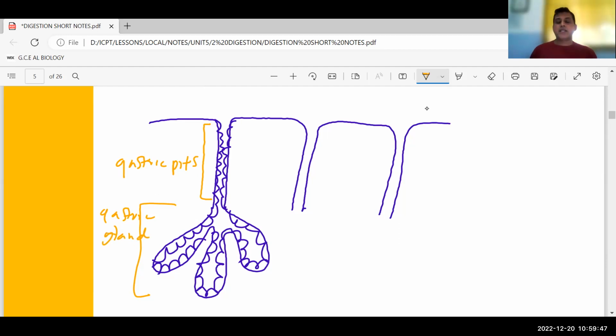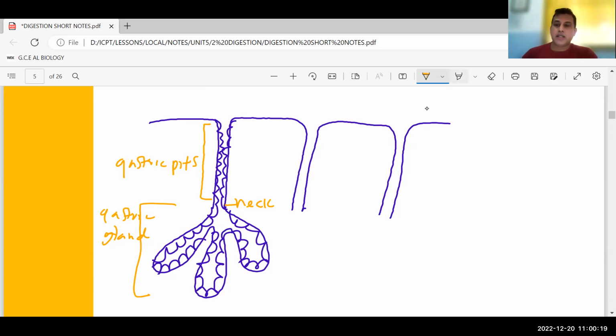Gastric pits and gastric glands, and sometimes the connection is called the neck. There are different names used, isthmus and neck, but it's not that important. So this can increase the surface area, right? If it makes this kind of deep pits, it increases the surface area.